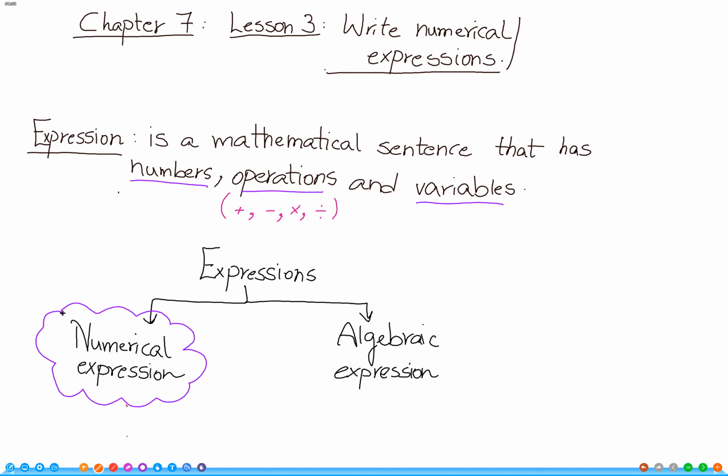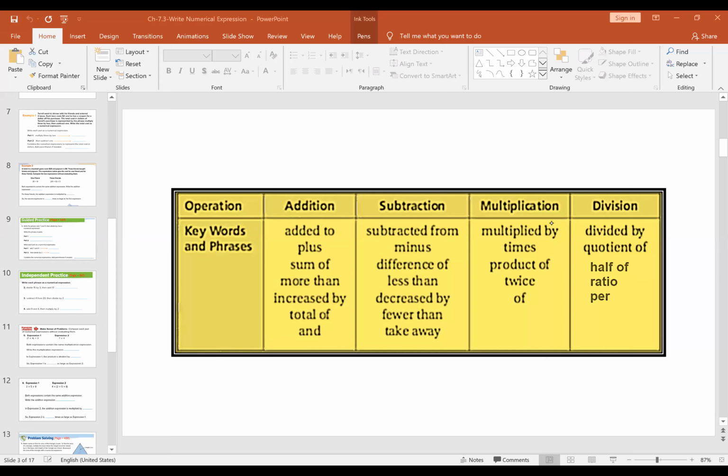Therefore, before I start anything, the most important part about understanding how to write numerical expression is to understand the keywords and to look for the keywords in the sentence and the corresponding operation that you know. Okay, so let's start by looking at some of the keywords. In this table, we have the keywords and the operation that is used.